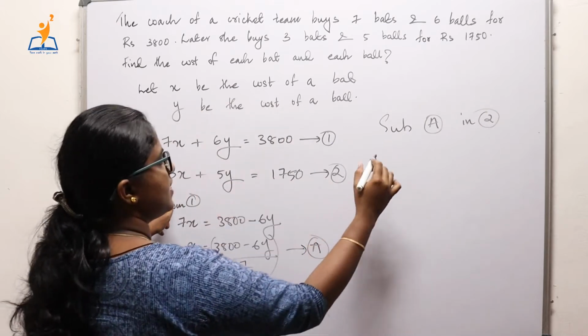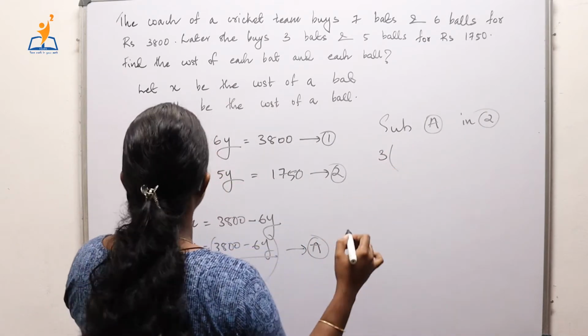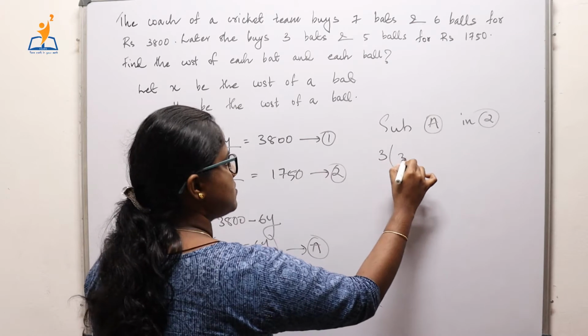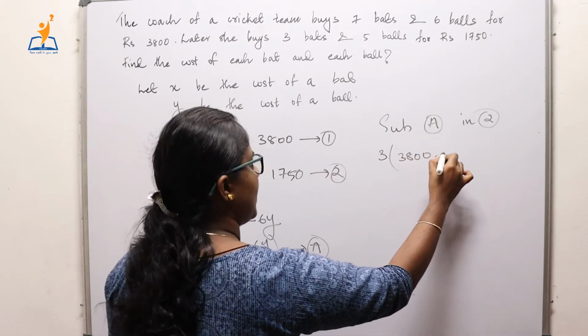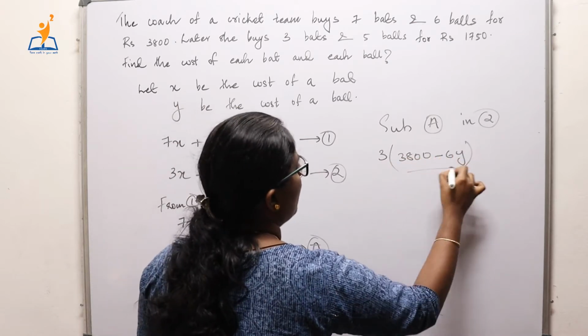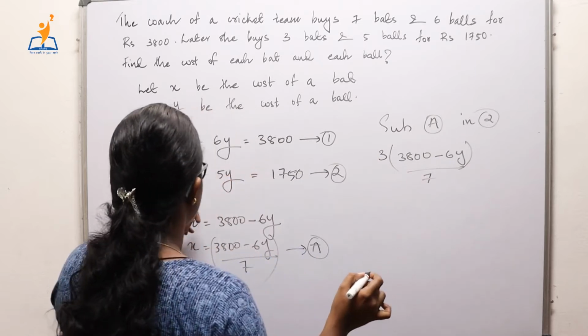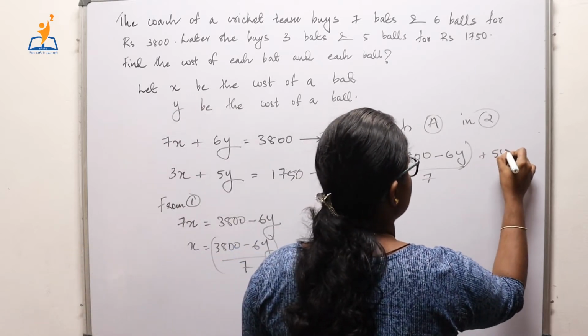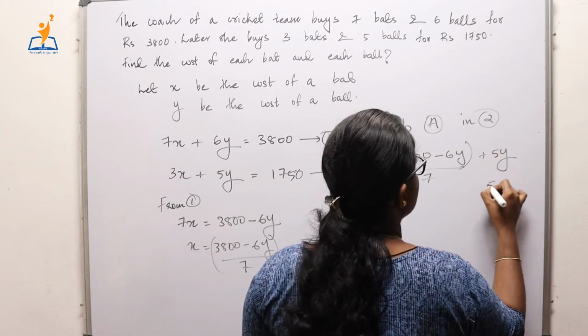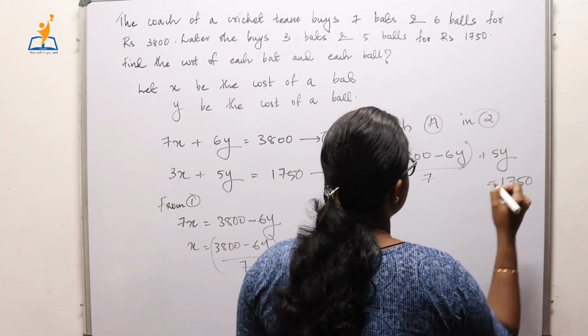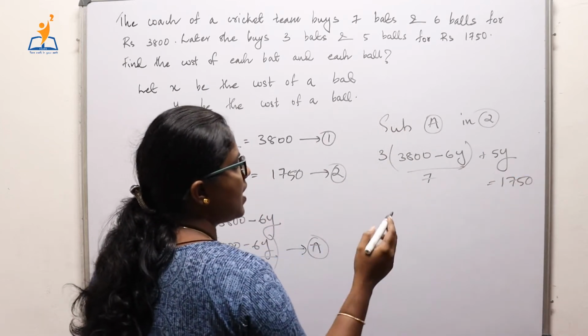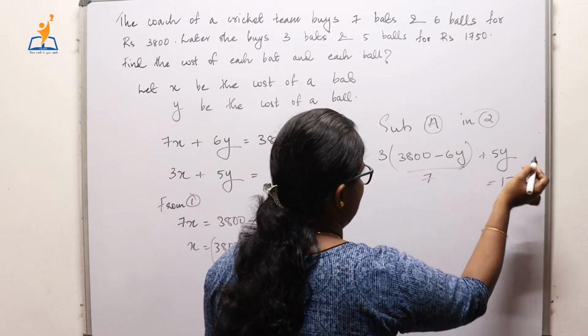Here we have 3x, that is 3 into (3,800 minus 6y) whole divided by 7 plus 5y equals 1,750. Now we have to simplify this LHS.